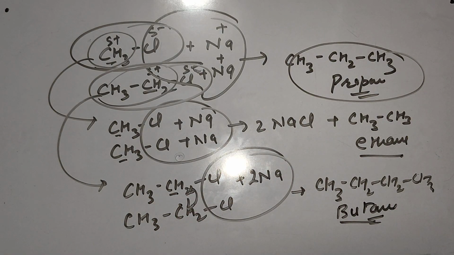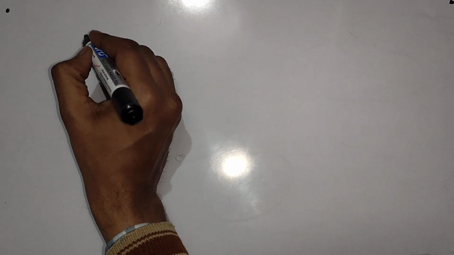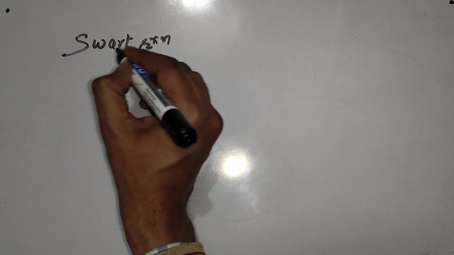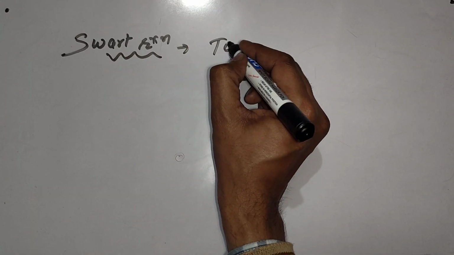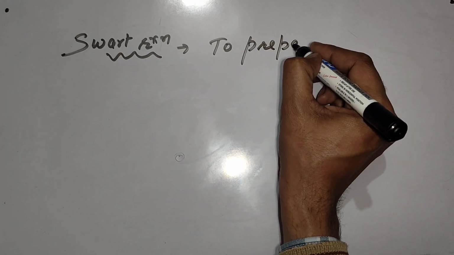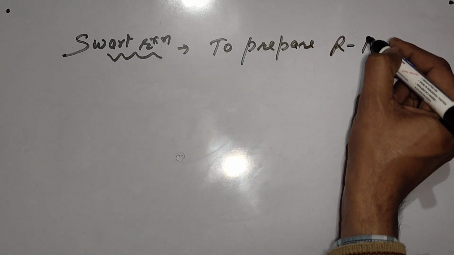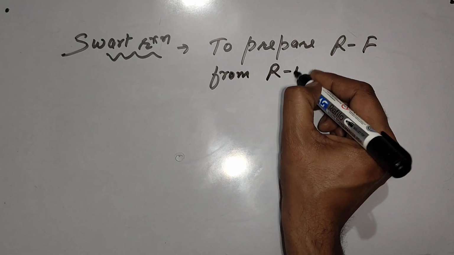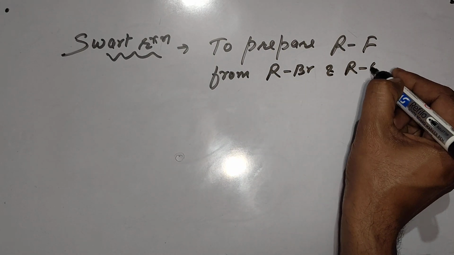Let's go for the next reaction. Swarts reaction. It is used to prepare RF, means fluoroalkane, from RBr and RCl.